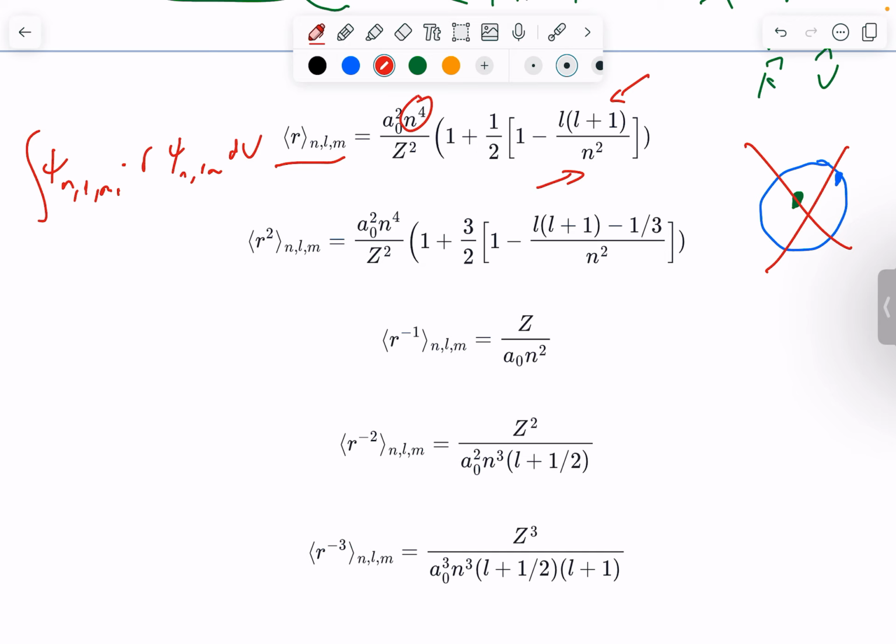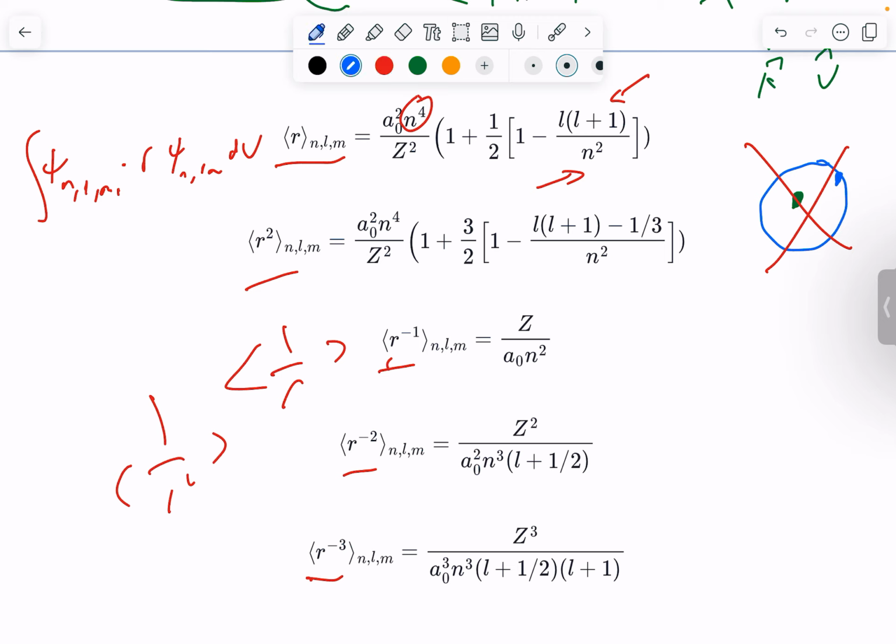And this is going to have consequences for electronic shells, bonding in molecules, and the structure of multi-electron atoms. You can also compute other quantities that are useful in NMR spectroscopies and in dipole-dipole interactions. So these expressions of the average of 1 over r or 1 over r squared are going to feature in different expressions, so we'll reuse them when the time is right.